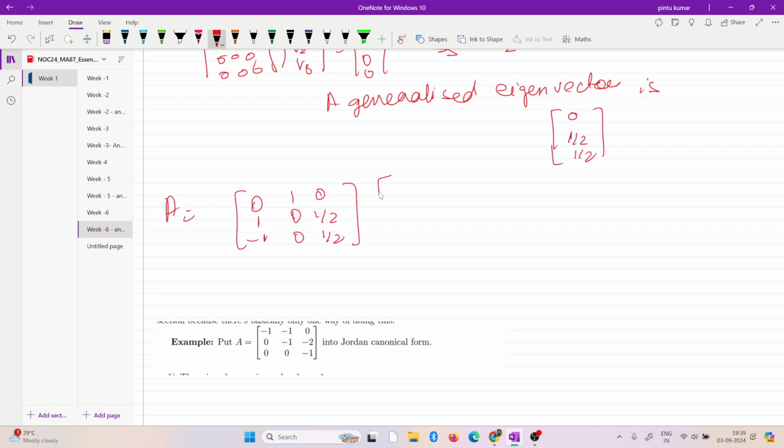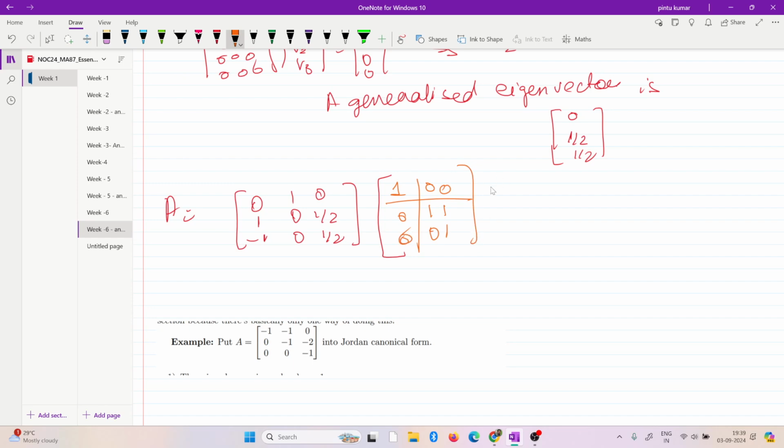this. Then you write the Jordan canonical form. For the first vector, you don't have any generalized eigenvector, right? So you will have a Jordan block of size 1 cross 1. So this is 1, right? Then you have 1, 1, 1, 0, 0, 0, 0, 0.